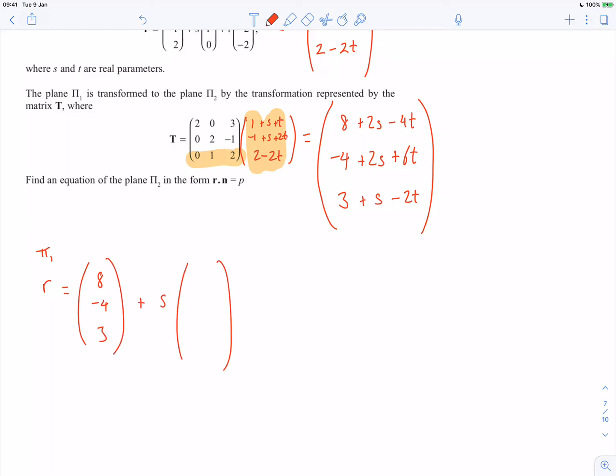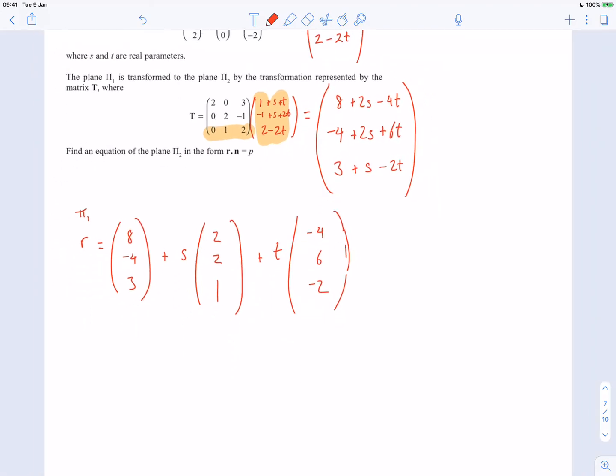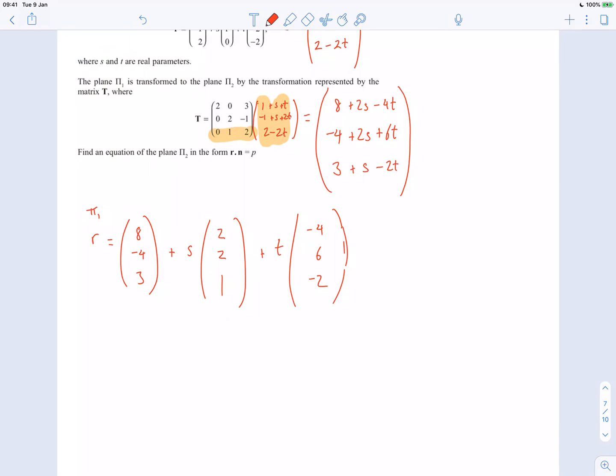Well, the coefficient of s's is going to be 2, 2, 1, plus the amount of t's, which is minus 4, 6, minus 2. Okay, so to find the normal, that's going to be pretty easy. All we need to do is the determinant of the ijk matrix with 2, 2, 1 as one row and minus 4, 6, minus 2 as another.